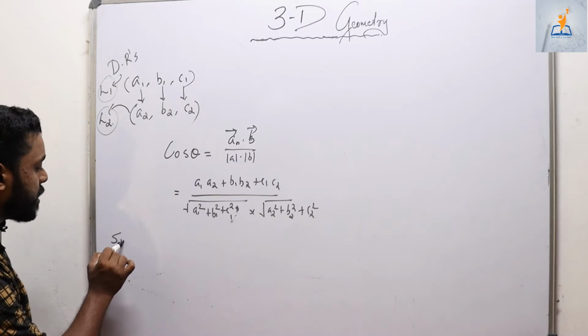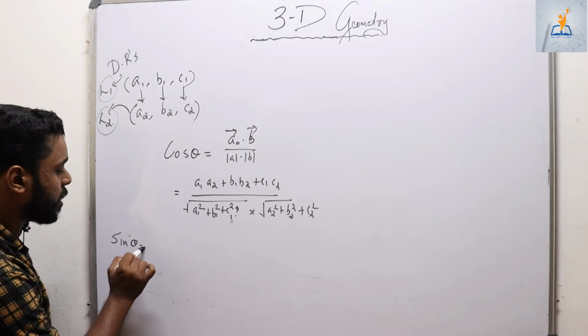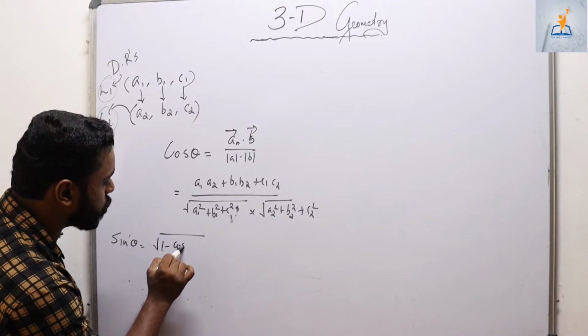So we get cos theta, the angle between these two vectors, like this. Now we can easily find sin theta. Sin theta is nothing but the square root of 1 minus cos square theta, isn't it?